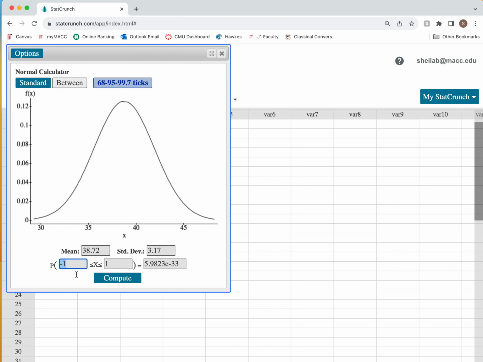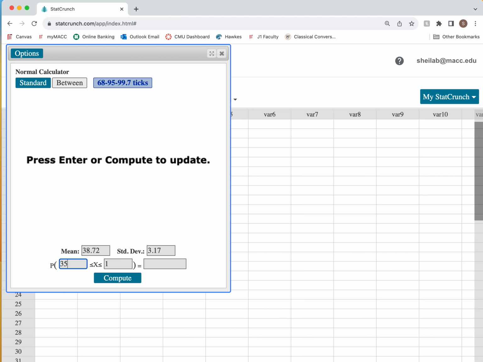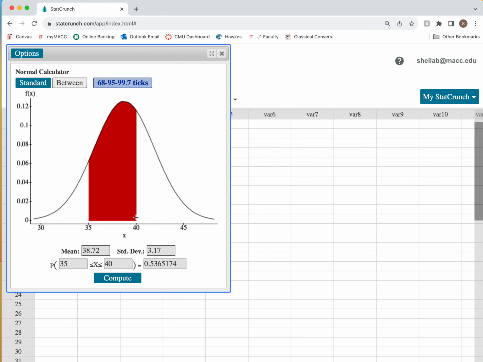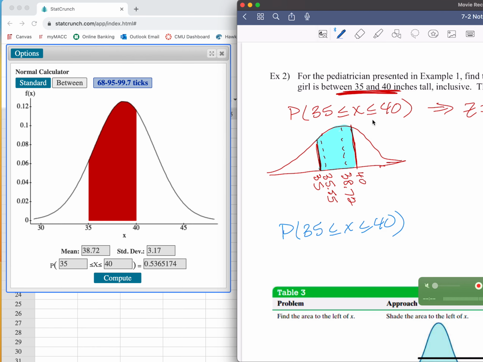35 and 40. And we're going to compute that. And look at what this is. Look at our graph. Here is the mean right down the middle, and it's just a little bit over. Here is the same shading.